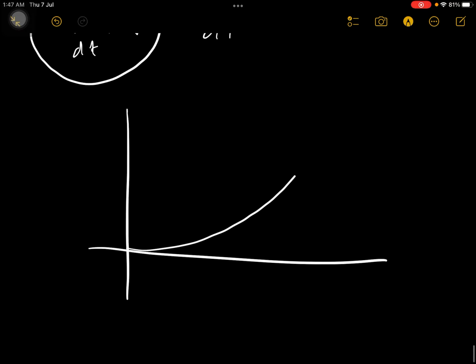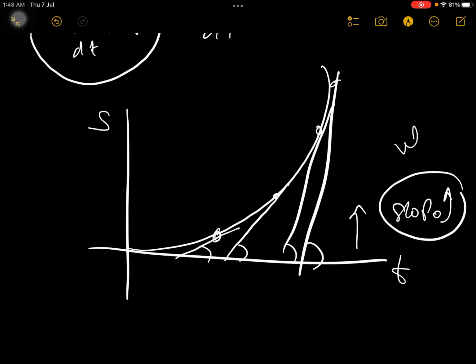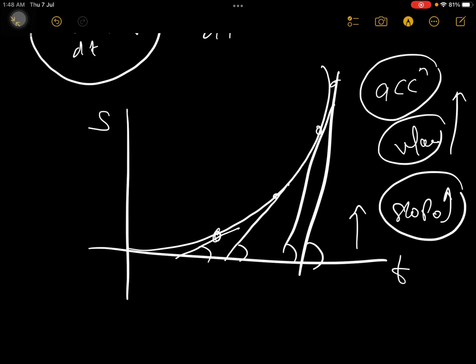If your curve is going like this, at this point you will find the slope, then at this point find the slope, at this point find the slope, at this point find the slope. Because your angle is continuously increasing, the slope is continuously increasing. Because it is a distance time graph, your slope is nothing but velocity, so your velocity is continuously increasing, right? If velocity increases, it means you have acceleration, right?